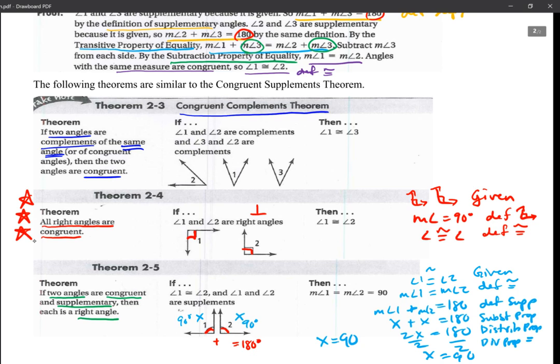All right, so a lot going on here. I truly believe that you will get this. Proofs are a little bit challenging. You are going to have your best friend at hand so that you can look up your postulates and theorems and definitions and use the ideal method to brainstorm.